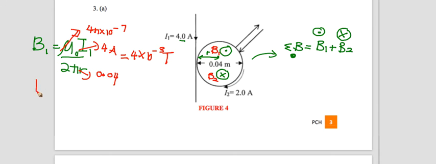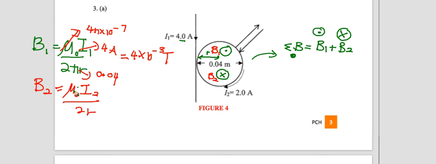And the second B, or B2, is produced by the loop, I2. So we refer to B2 here. For the loop at the center, the equation to calculate B at the center of the loop is mu naught I2 divided by 2R.